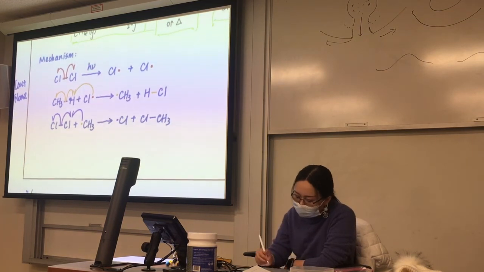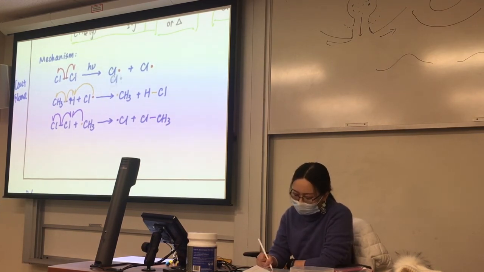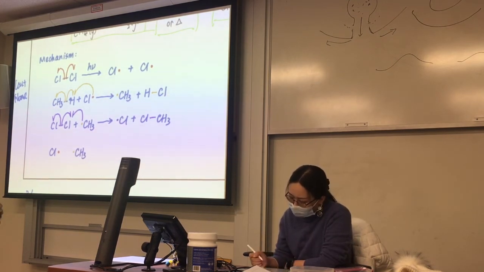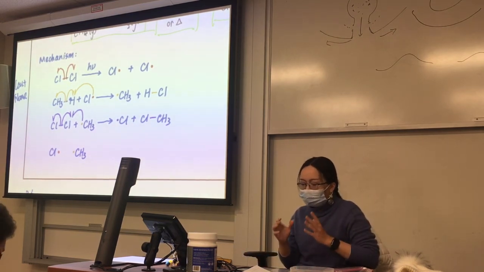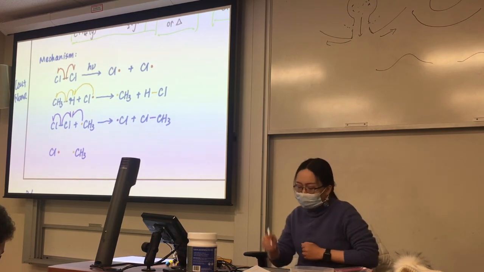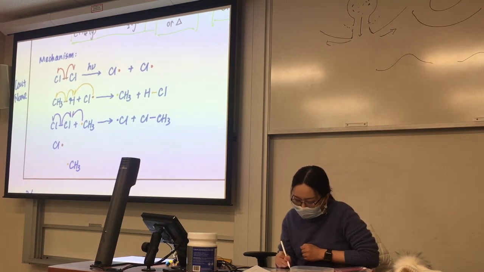And the final step is termination, which means combining whichever radicals you have. So how many radicals do I have? The red chlorine, which I duplicate, and the yellow CH3, so that's another piece. I only have 2 different kinds of radical pieces, so it's the combination between these 2 pieces.